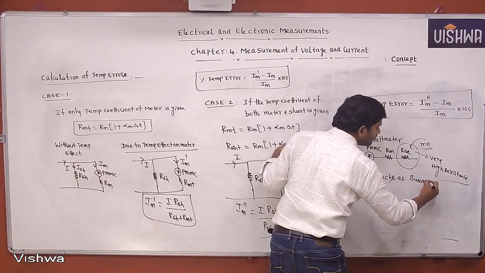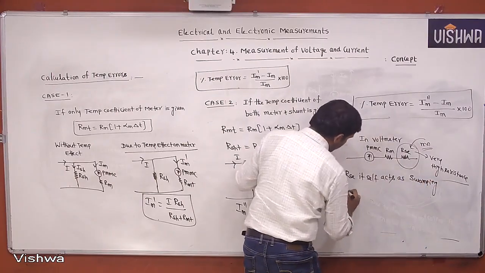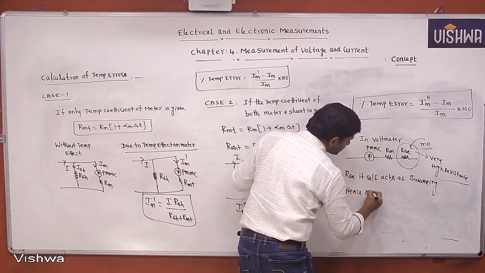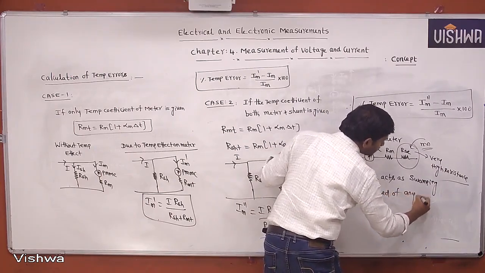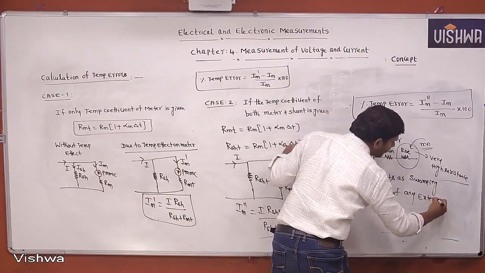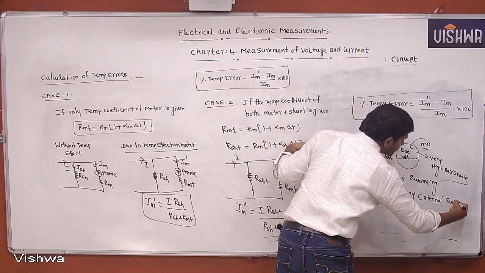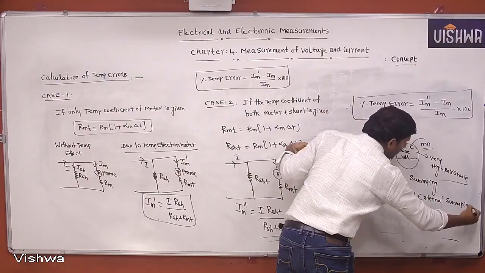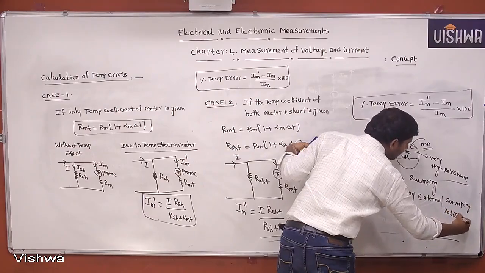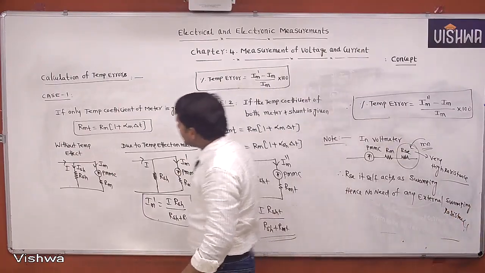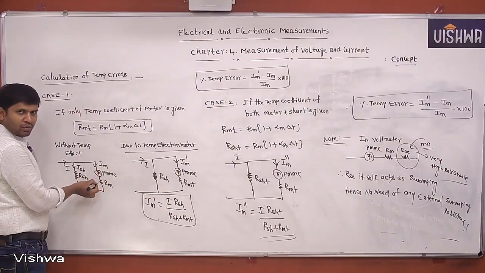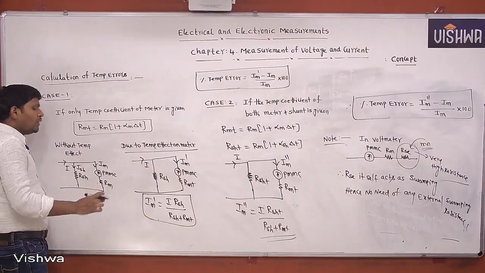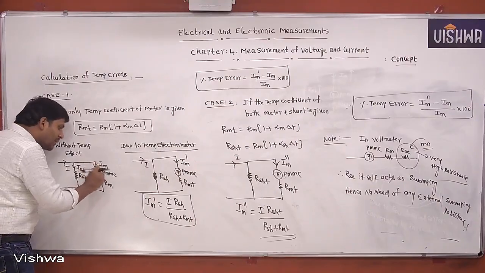Hence, no need of any external swamping resistance. But that is not the case in the ammeter. If you take only a PMMC ammeter, is there any swamping resistance in series with the meter? No. That's the reason why, to reduce the temperature error, we can add some extra resistance here.